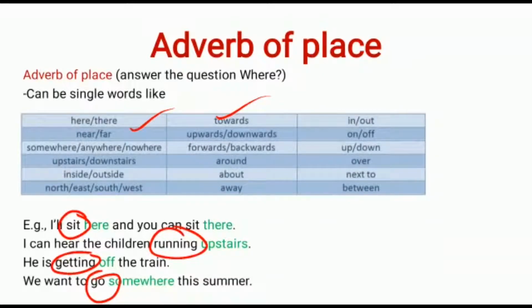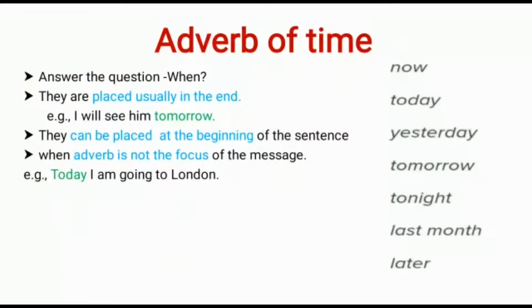Another thing is, most of the adverb of place, they indicate movement in a particular direction and end in the letter s. As you can see here, upwards, downwards, forwards, backwards. So there are many adverb of places, and here is the list of adverb of places which you can use in your day-to-day language. Now let us talk about adverb of time.